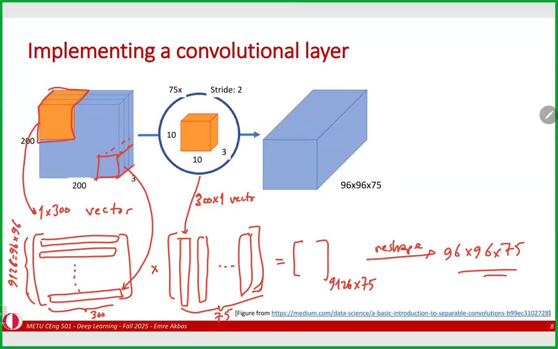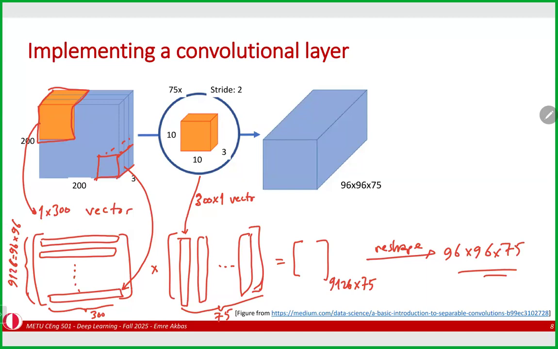Yes, if the stride is smaller than the dimensions of the filter, then the filters will overlap, right? I think, yes, it has a benefit. It covers the input densely. If you make the stride 10 here, then you might be missing important information in between the filters.